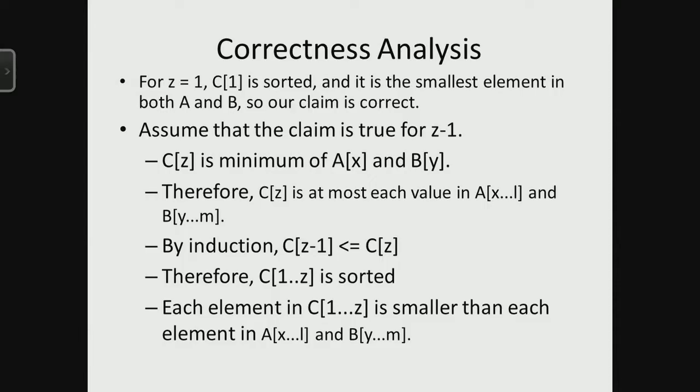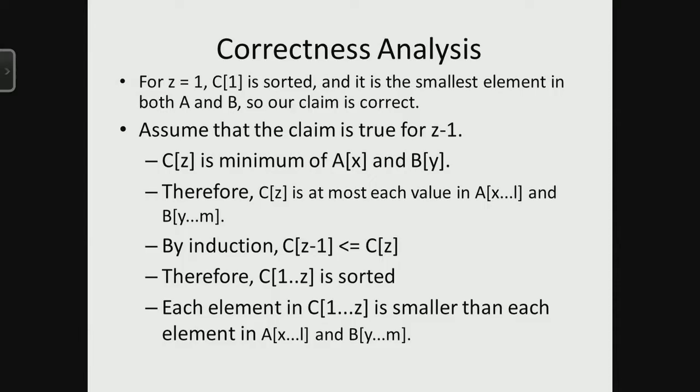Since A and B are sorted, it is clear that C of z is indeed smaller than the elements in the array locations x to L in the array A and the elements in the array locations y to m in the array B.